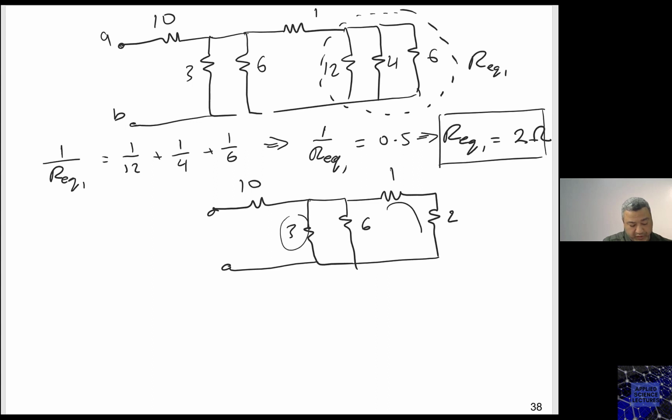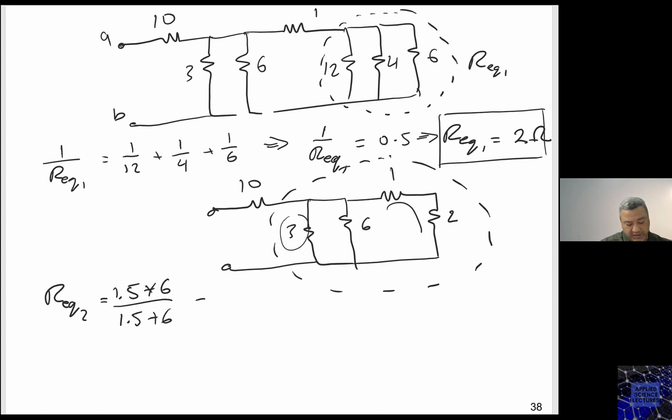So here R equivalent 2, which is basically now this whole thing, but taking 3 and 3 first will give me 1.5. Then I have 1.5 times 6 divided by 1.5 plus 6, and R equivalent 2 is 1.2 ohm.